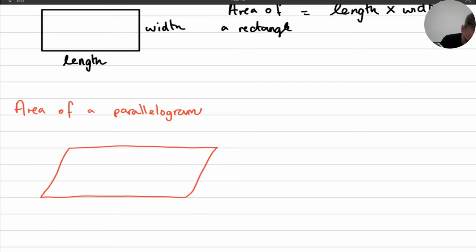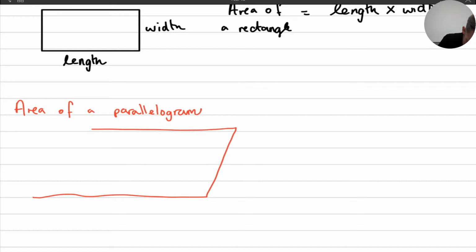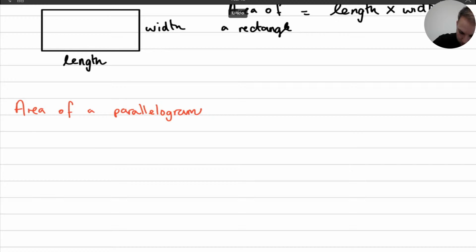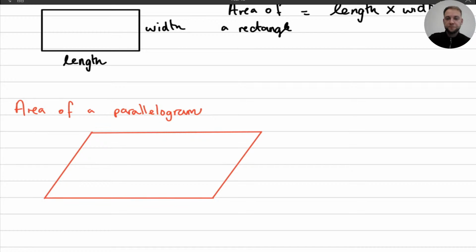Make sure you're using a ruler. There's my parallelogram.